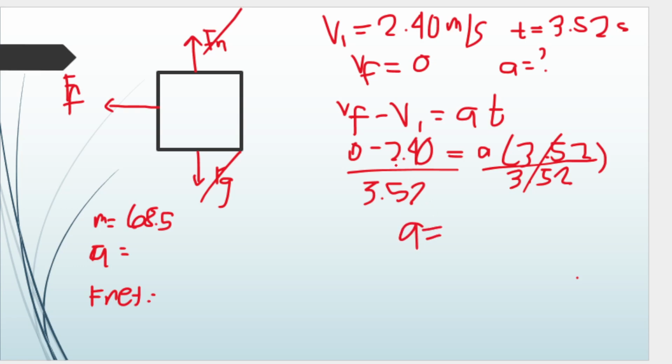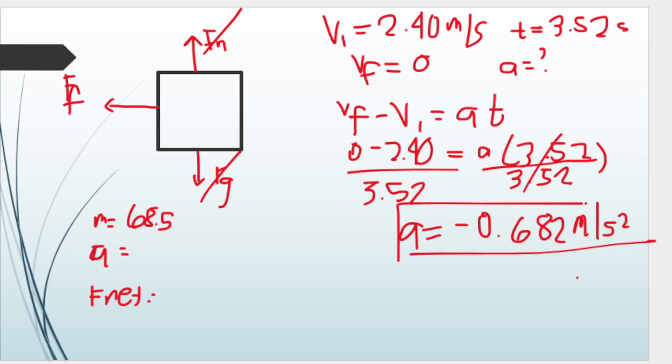Negative 2.40 divided by 3.52 seconds, we have negative 0.682 meter per second squared. Okay, so then we have the acceleration, which is negative 0.682 meter per second squared. So meaning anong negative?